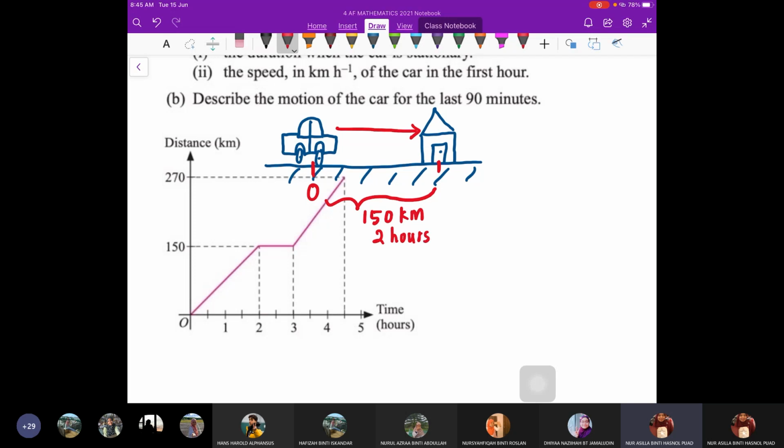So dekat tempat rehat ini, dia ambil masa 1 hour. Dia rehat. Kemudian dia continue on. So destinasi dia tak tahulah kat mana. Tapi kita cakap je lah destinasi dia. Apa yang melibatkan 4.5 jam? Sampai mana?